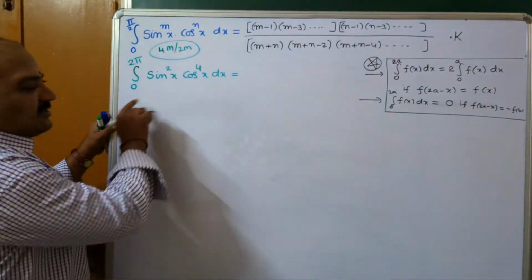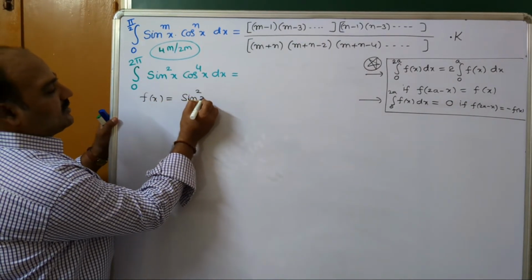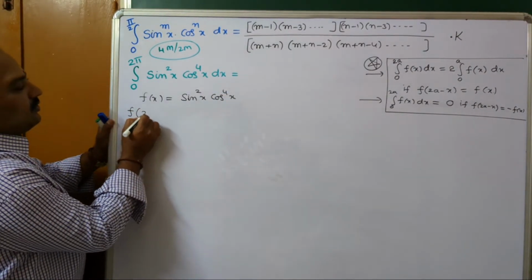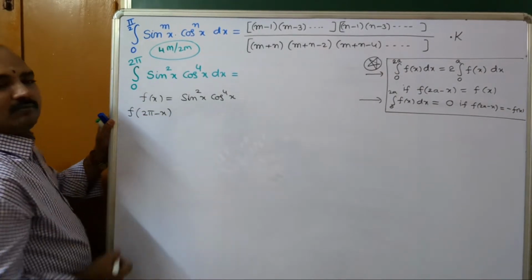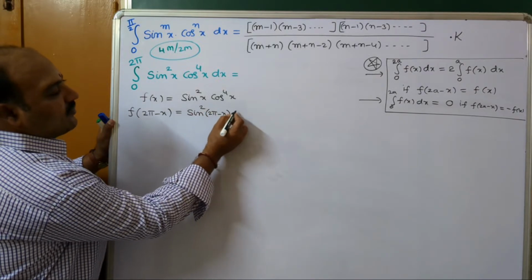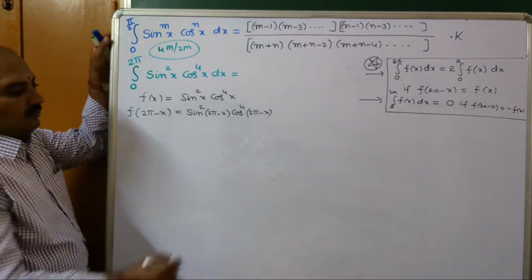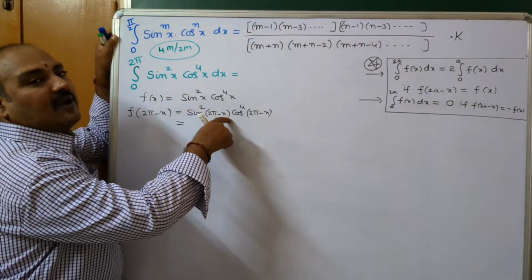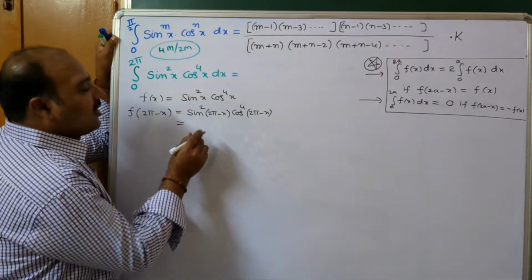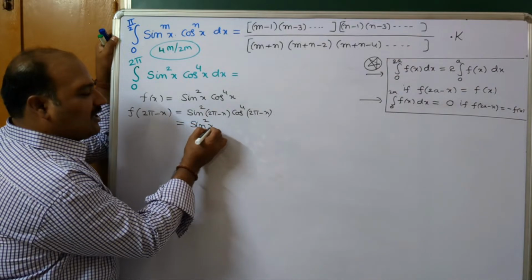So now I will check this. Here f of x is equal to sin square x into cos power 4x. f of 2 pi minus x is equal to sin square of 2 pi minus x into cos power 4 of 2 pi minus x. Sin of 2 pi minus theta, 360 minus, the power is even, so sin square x only will come.